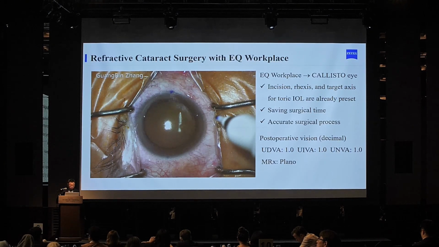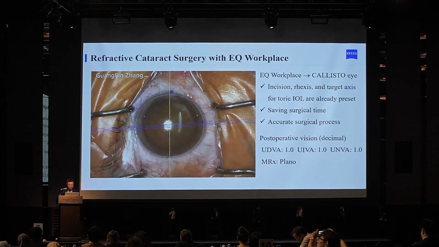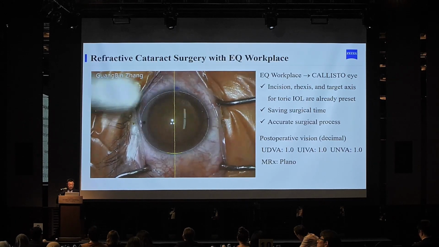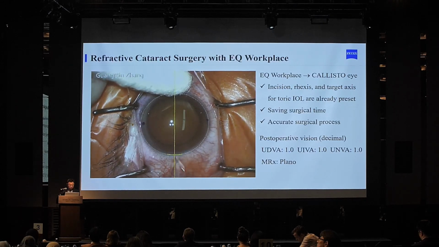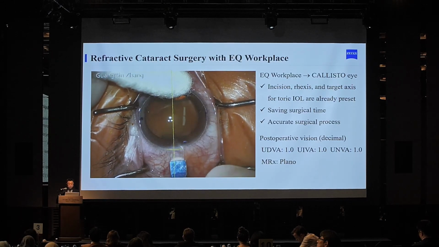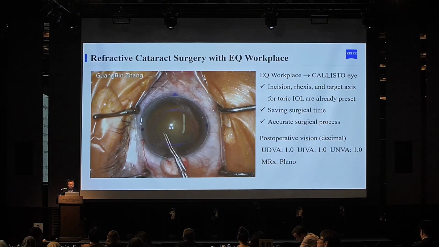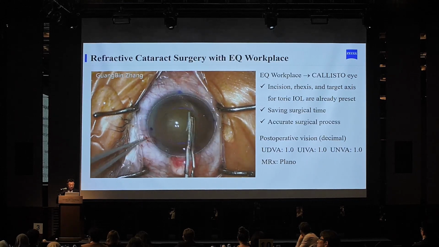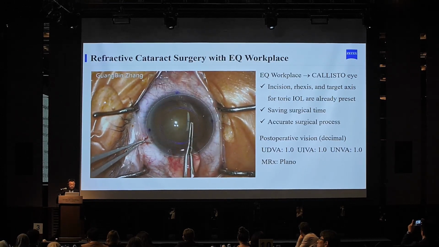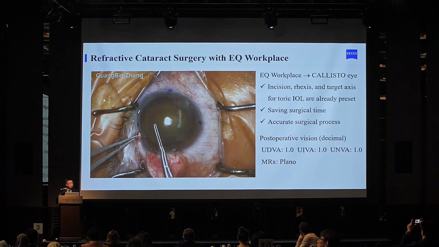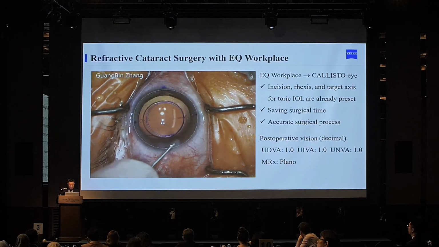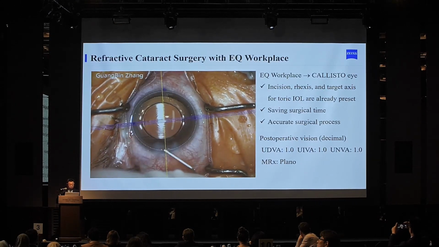When starting the surgery, all relevant assistant functions are already preset. The incision, capsulotomy, and target axis for the toric intraocular lens are directly displayed through the EQ Workplace to Callisto eye, saving time and making the surgery more precise, and the postoperative visual outcome is great.